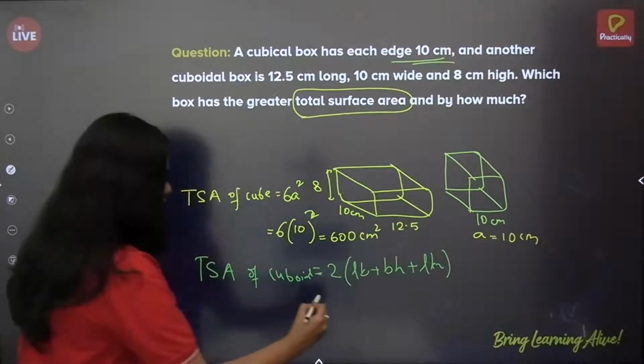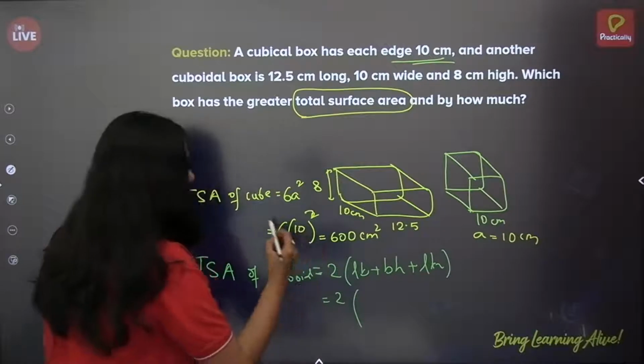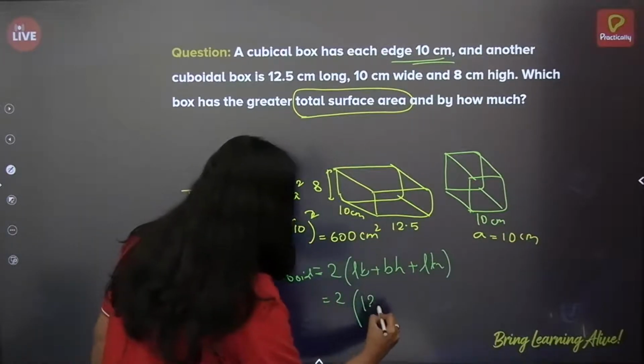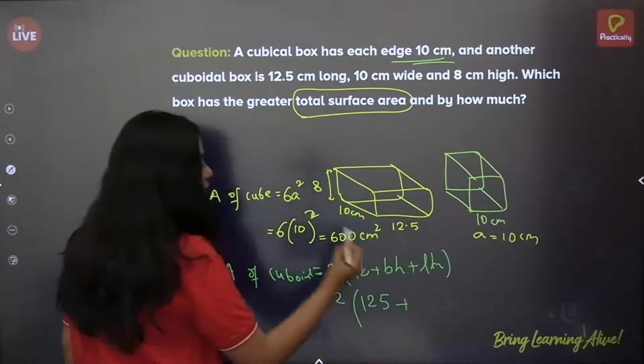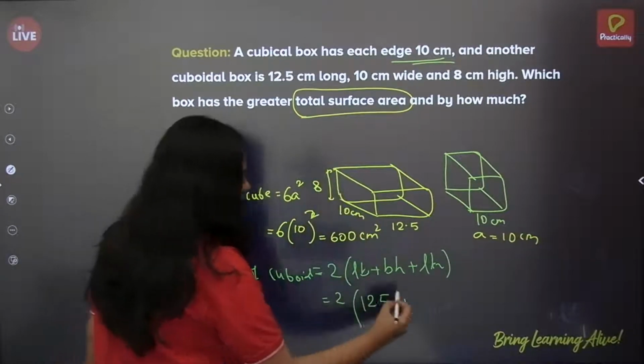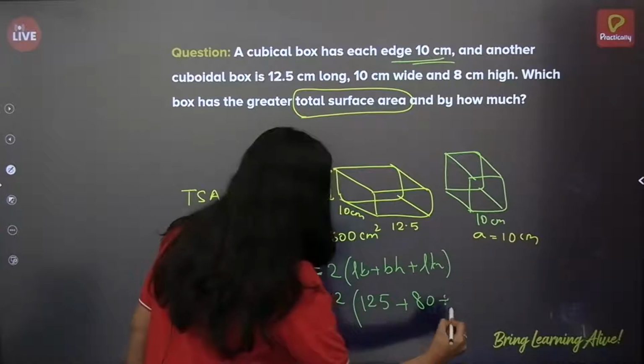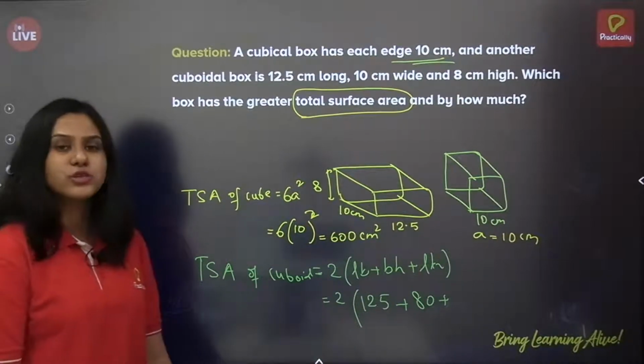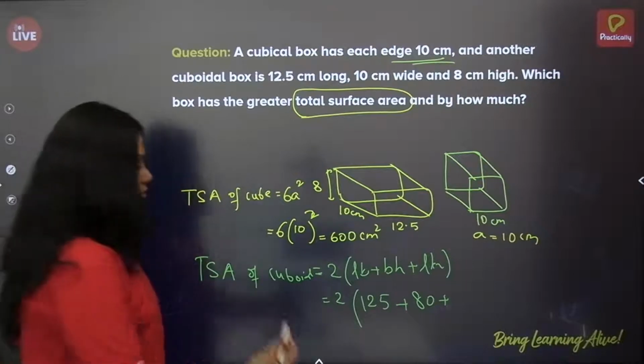Just substitute it. 2 of, what is L? 12.5. 12.5 into 10, 125. B into H, 10 into 8, 80. Plus 12.5 into 8. What is 12.5 into 8? It is 100, correct? So, let us take 100.